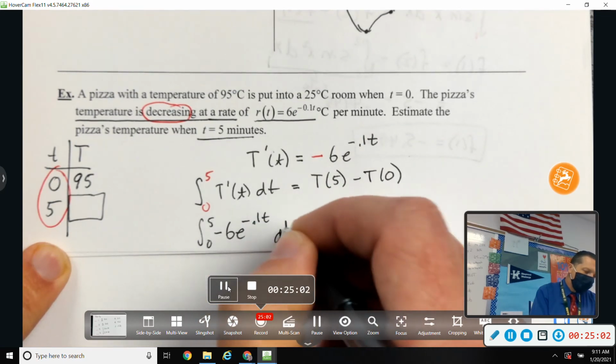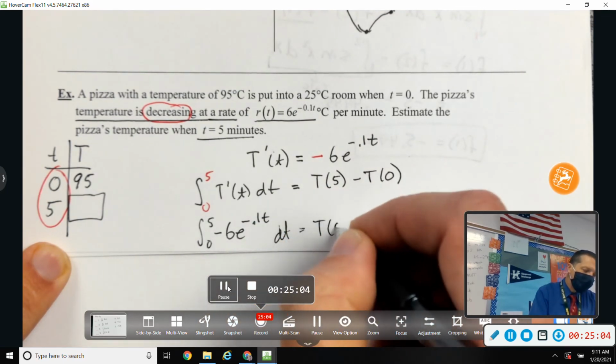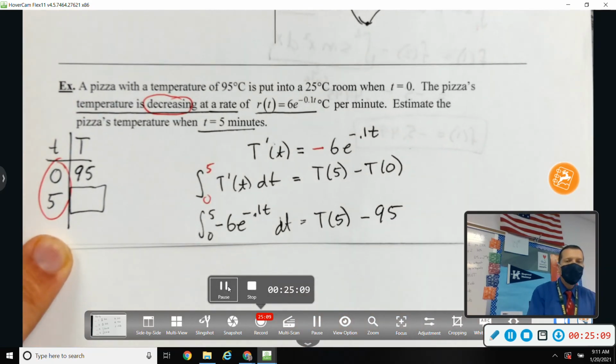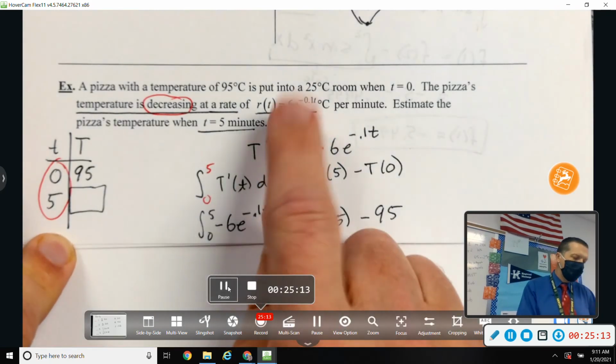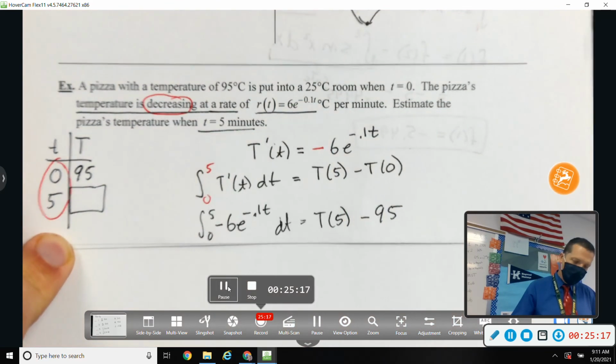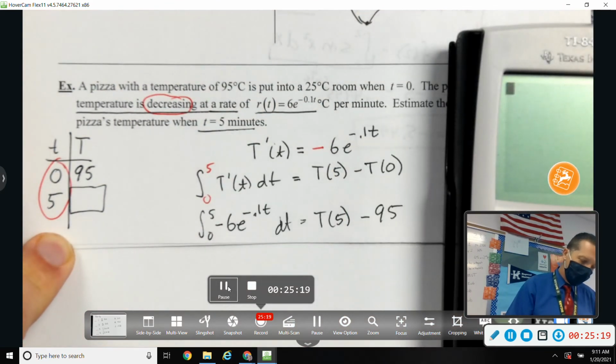can be done in the calculator. So this is definitely a calculator problem because I am not going to antiderivative that thing. Although I guess we could. We know the rule, but it's a calculator problem. So use the calculator.